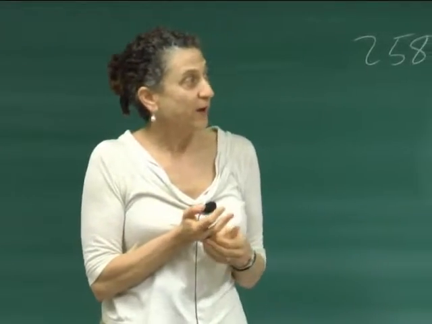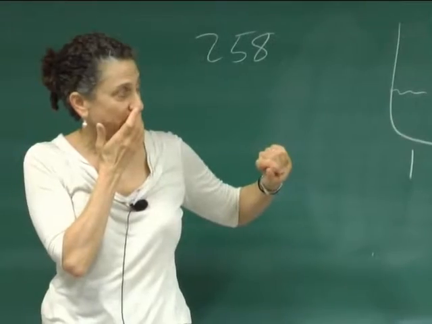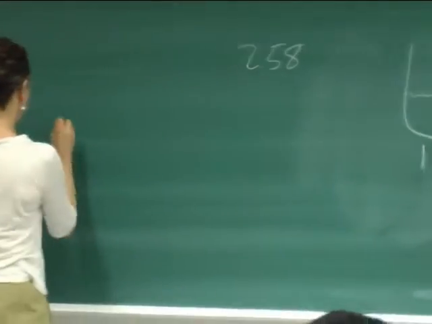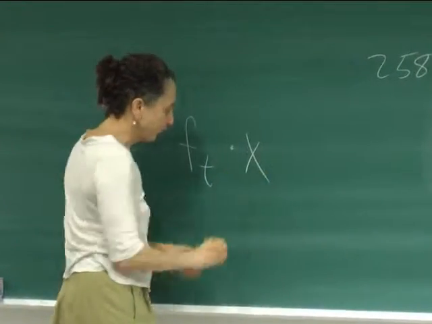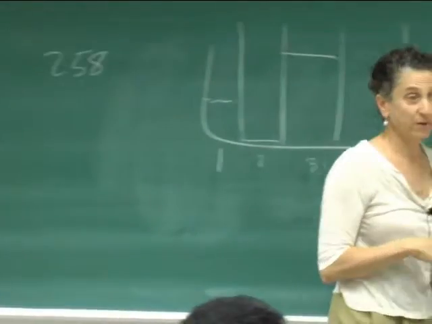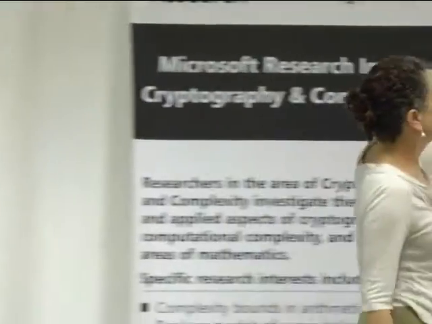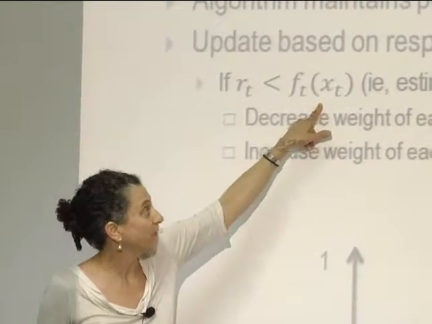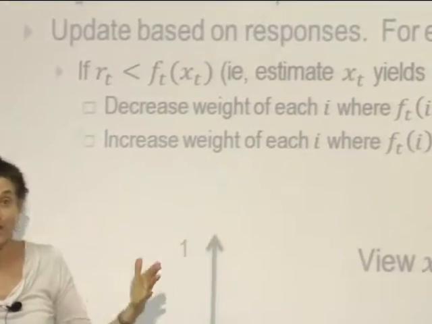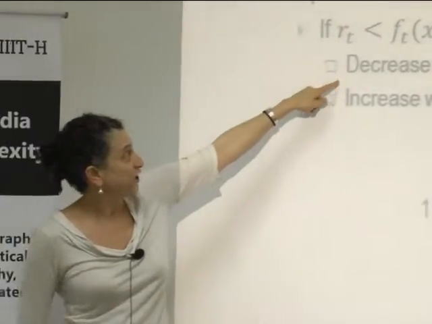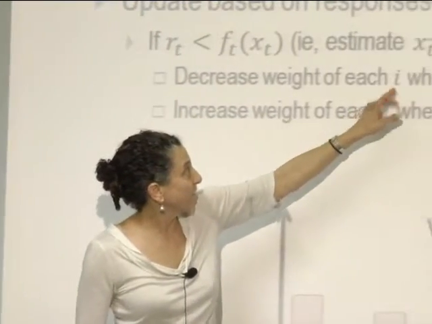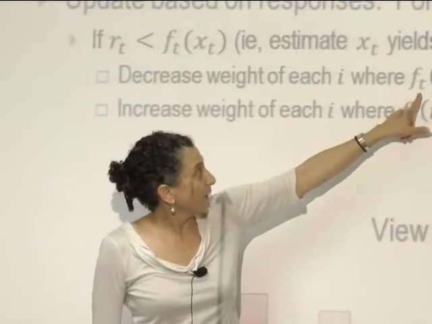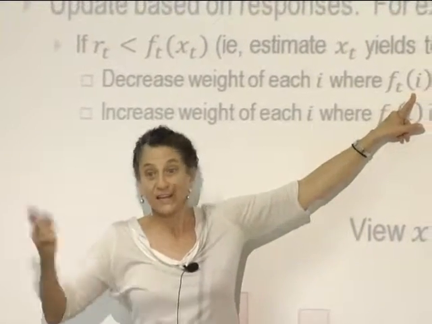So for example, if the true answer, ft inner product with the true database x, is smaller than what we get when we apply xt, the currently existing estimate, which starts off as the uniform distribution, so xt is yielding too large an answer, then what we're going to do intuitively is decrease the weight of each element in the histogram where ft of i is large, because i is kind of leading in the wrong direction.